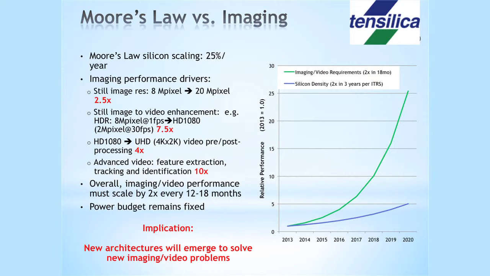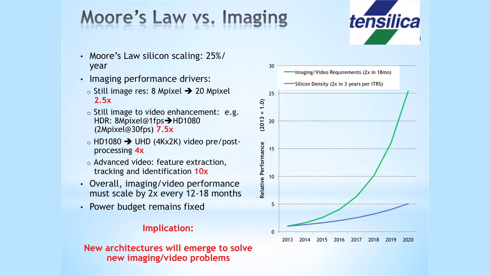By contrast, we have half a dozen major movers in terms of forcing functions for increased imaging performance. It could be the migration from 5 and 8 megapixel still images up to 20 megapixel. It can be the transition from trying to do this advanced image processing on still images to doing it on continuous HD video streams.